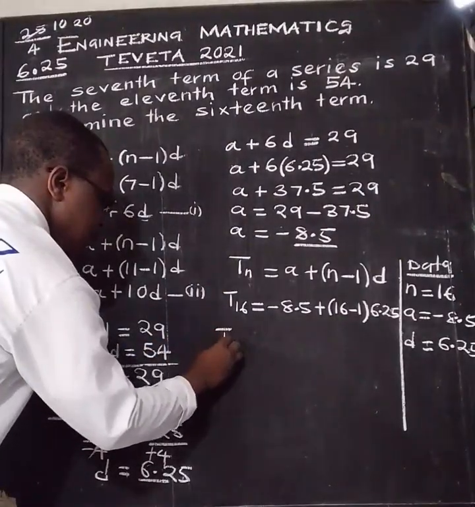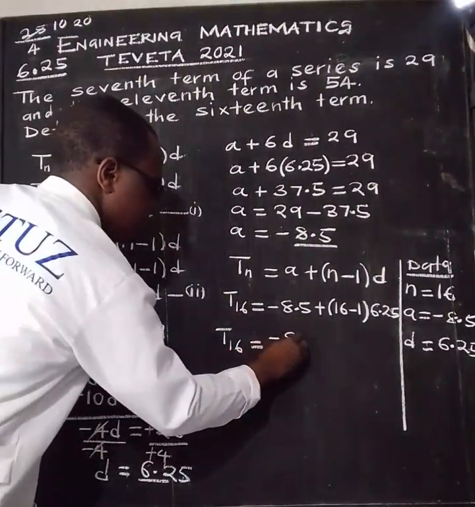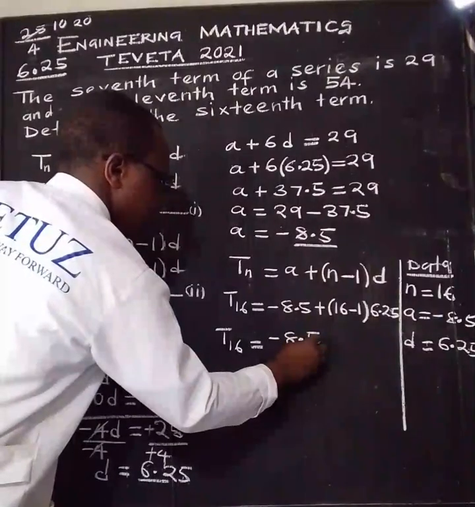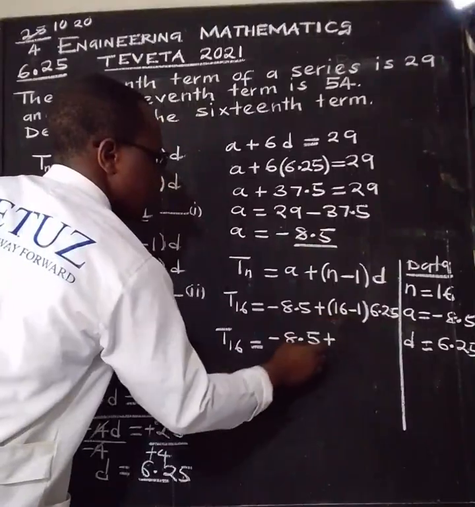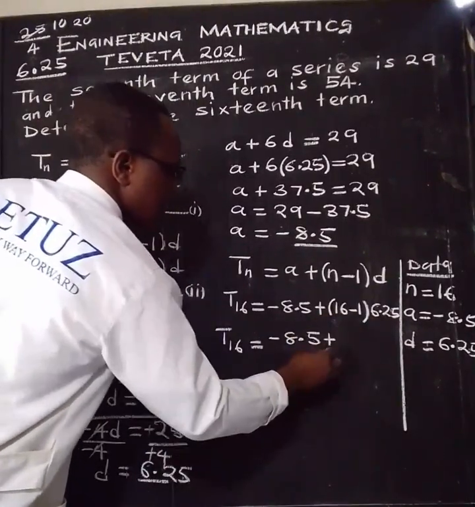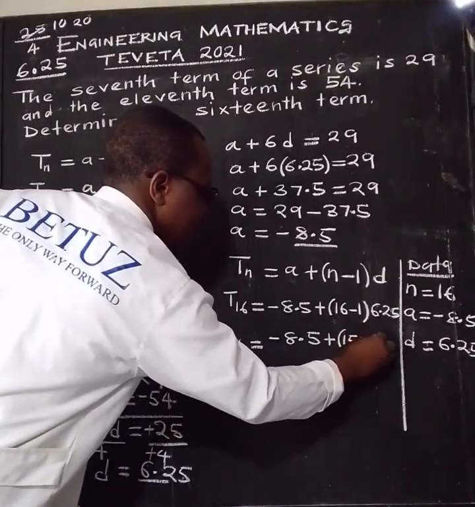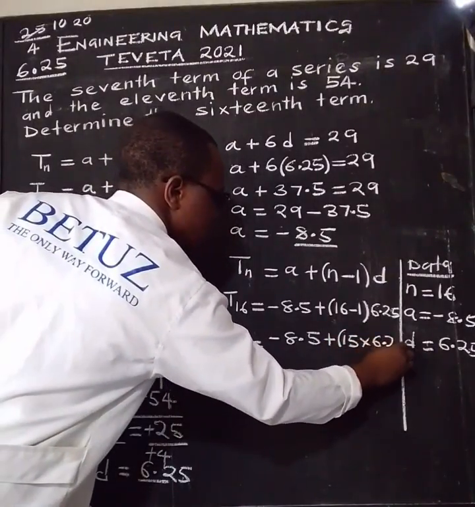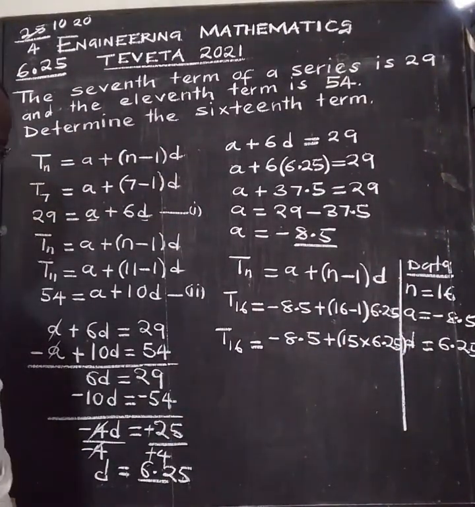So we can say T16 is equal to negative 8.5 plus, you can subtract these two. When you subtract 16 minus 1, you get 15. So we have 15 multiplied by 6.25. I hope this is clear, guys.